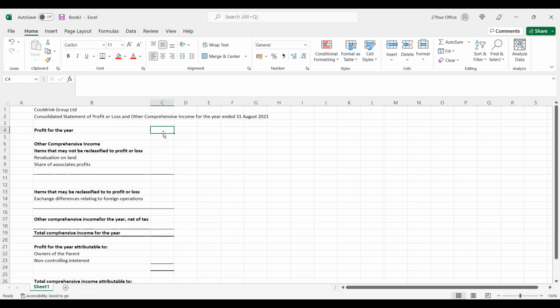But remember, you're only going to get 35 marks if the answer ends up here. So once you do calculations, bring it here as soon as possible. If it's not in this line item over here, you're not going to get any marks because they didn't ask you to calculate profit for the year. They asked you to prepare the consolidated profit and loss statement.